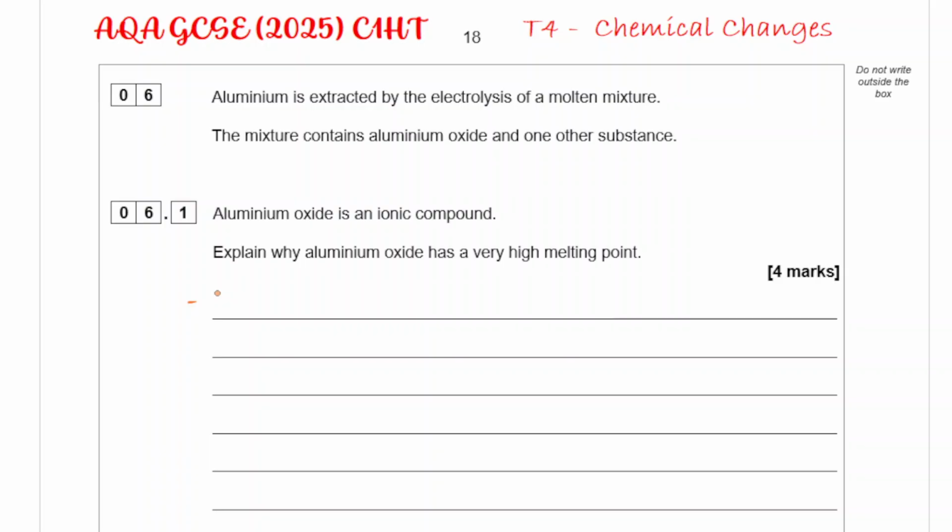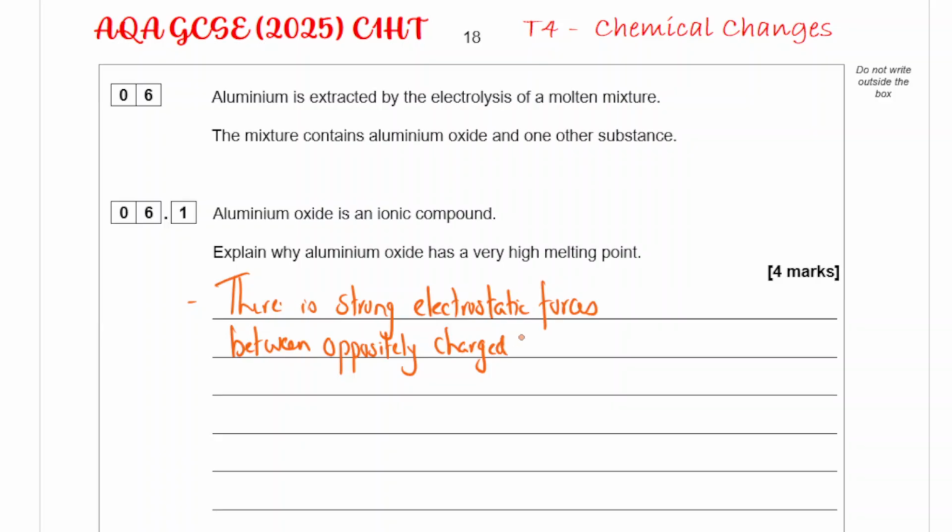Well, the main reason is because it's an ionic compound, there is strong electrostatic forces between oppositely charged ions, which are the Al3+ and the oxide O2- ions.